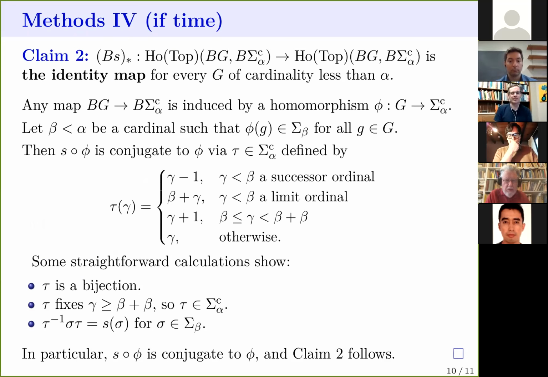It's a conjugation in the group of all permutations of alpha. It's not even quite true there, but it's true that the value of what S does for any particular element can be described by a conjugation, but the tau depends on the element. I agree with that.